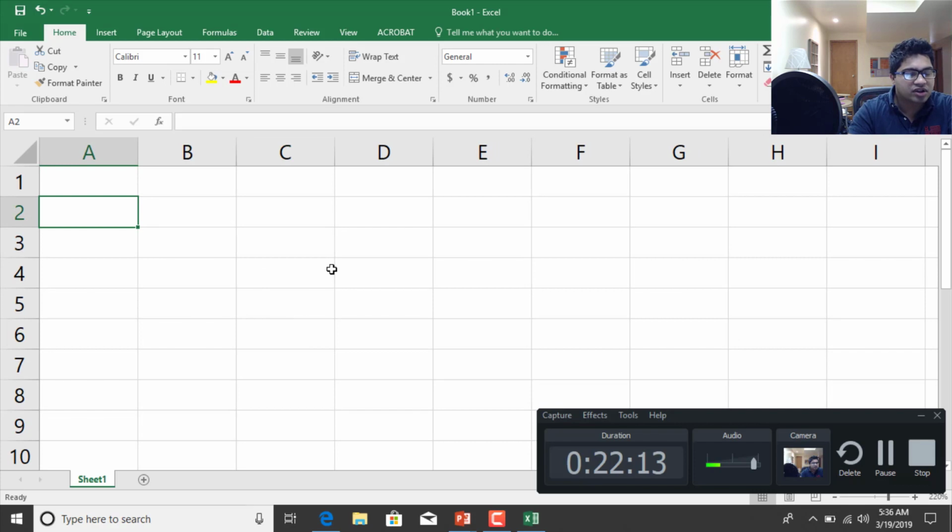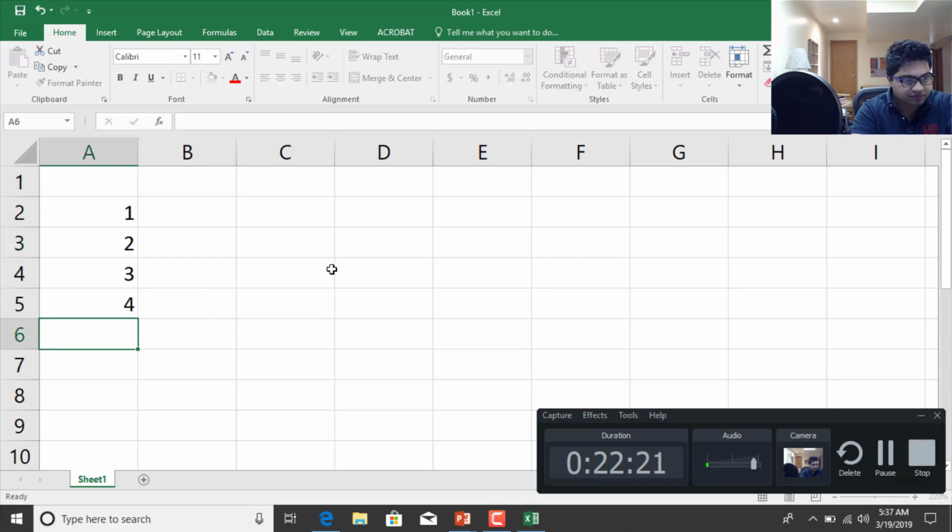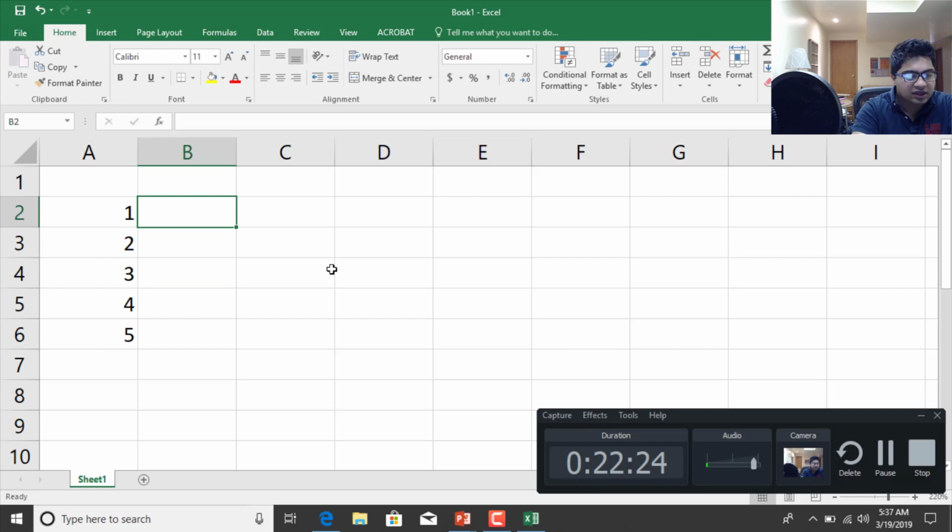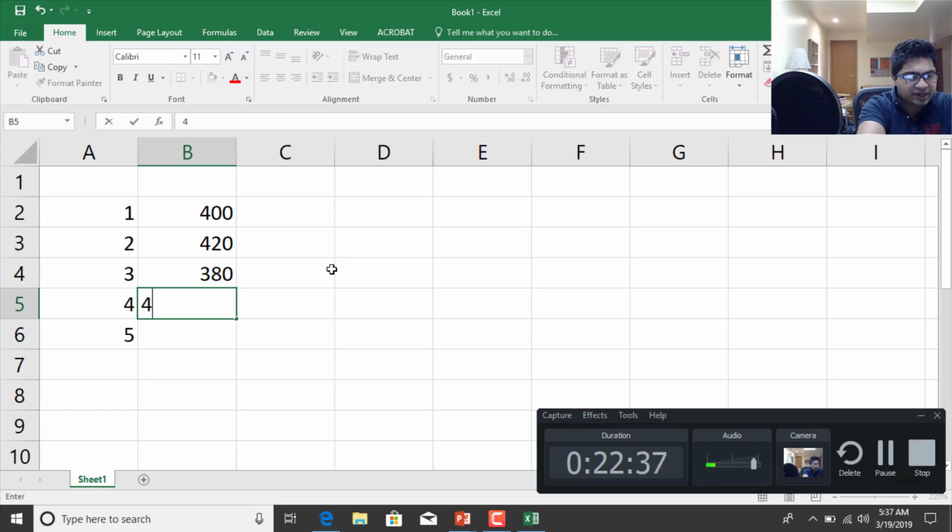So what is high watermark? Let's say the fund was invested for 5 years and it started with 400 million, it went to 420 million, then it dropped to 380 million, and it went back to 420, and finally it went to 475 million.